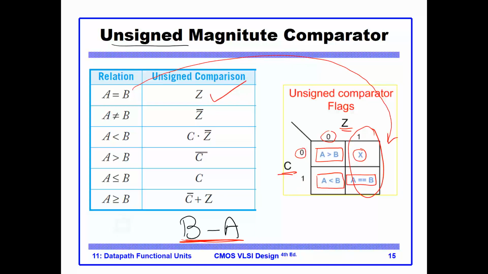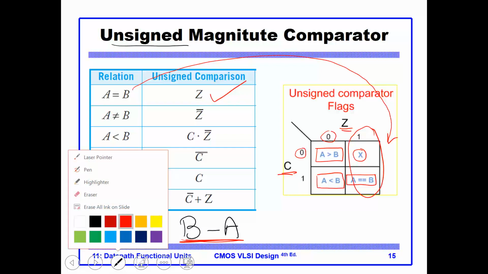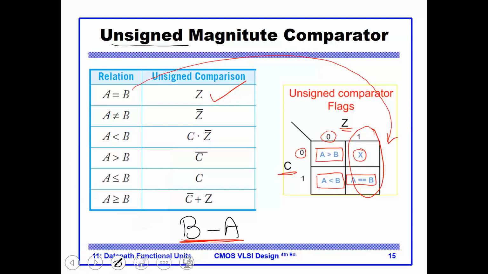And if I want a greater than b, which is this one here, I can take these two boxes and say whenever the carry flag is 0, then a is greater than b. You can go through these cases by using this don't care condition to minimize, but some of them will not be simplified, like this case here. When a is less than b, it has to be when the carry flag is 1 and the zero flag is 0.